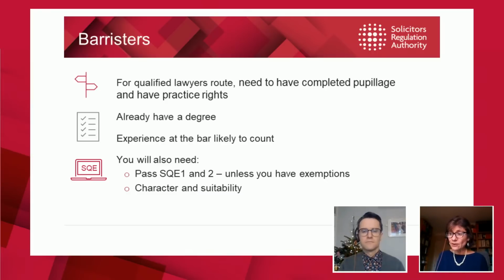If they're not in that group, then of course they can still attempt SQE, but they have to demonstrate work experience and so on. So they don't get that exemption from work experience. Barristers will need to pass SQE 1 and 2, subject to the exemptions, and of course that applies to CILEx members as well, and we'll come on to talk about exemptions in a moment. And they'll need to pass the character and suitability test.